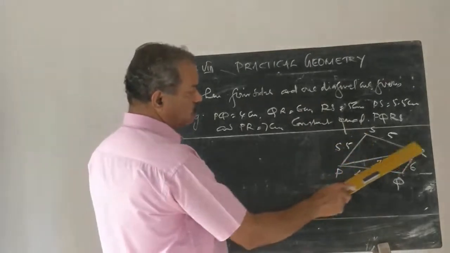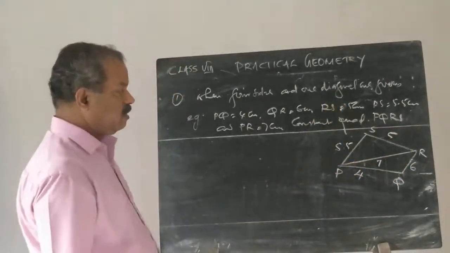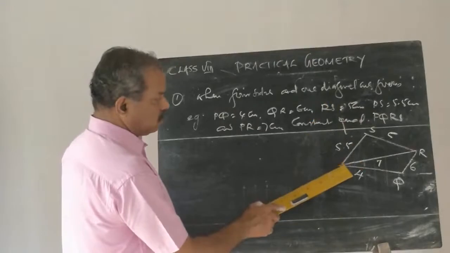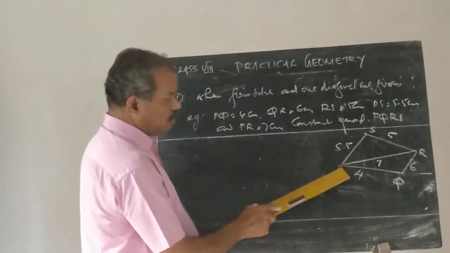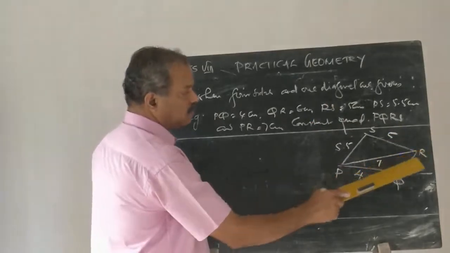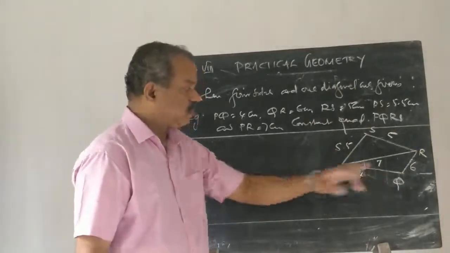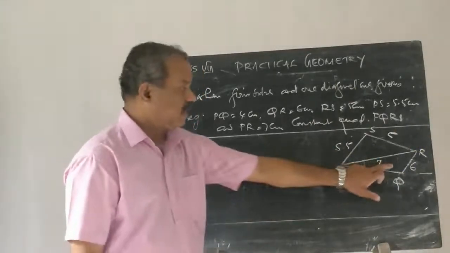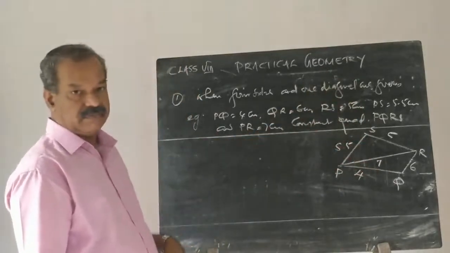First we can draw PR 7 centimeters. Then construct a triangle PQR first by drawing an arc of 4 centimeters from P and 6 centimeters from R. The point of intersection of the arcs will be Q. We get one triangle, and after that we can construct the second triangle.